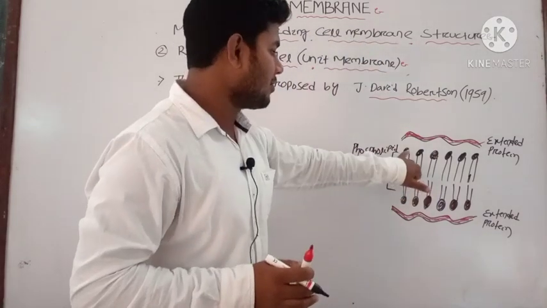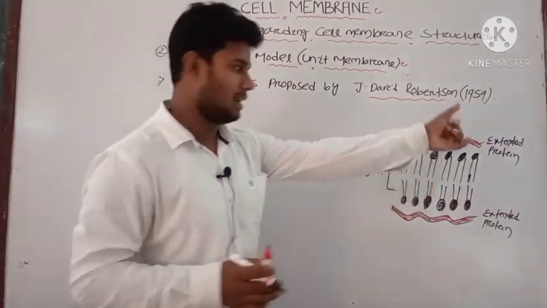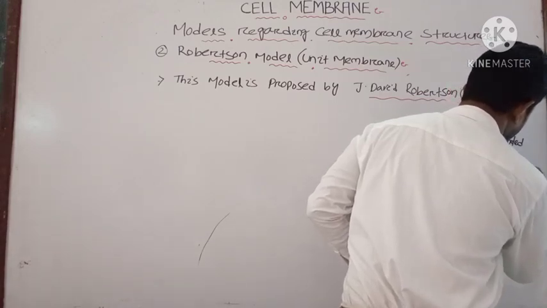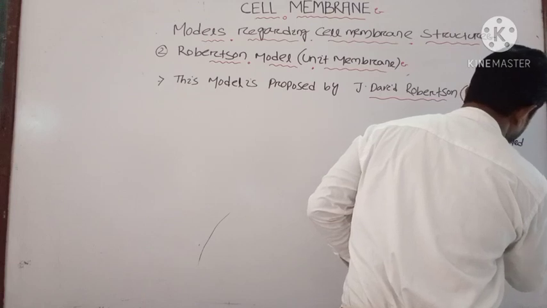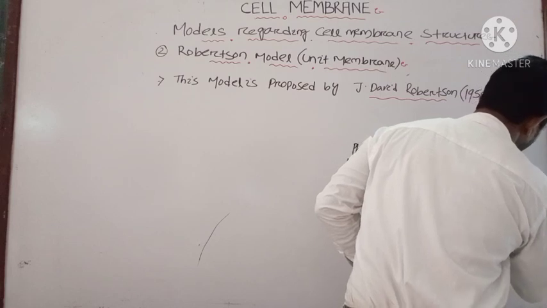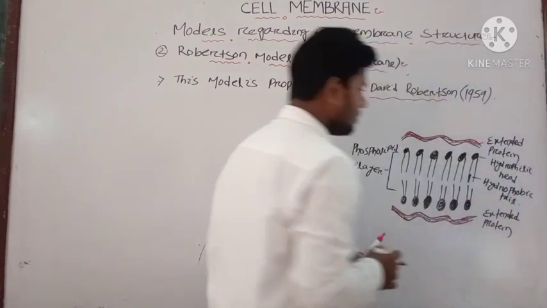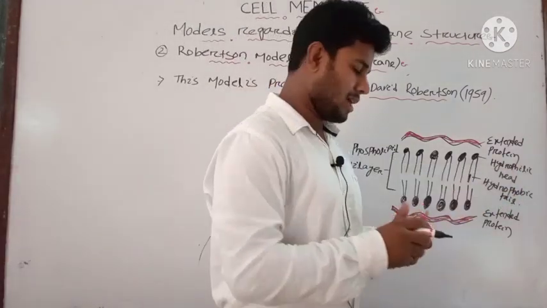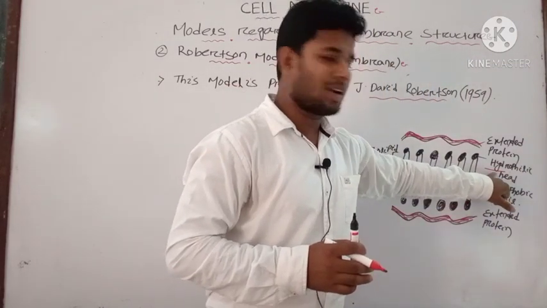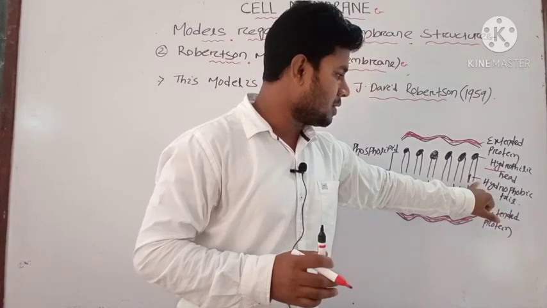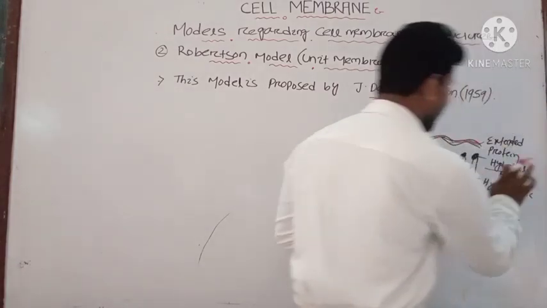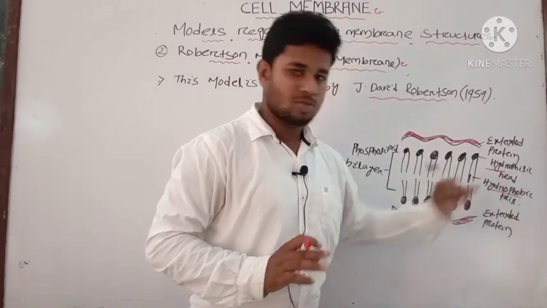Here also we have a hydrophilic head and also hydrophobic tail. What do you mean by hydrophilic? Hydro means water. The head portion of your phospholipid bilayer is water loving, and the tail portion of the phospholipid bilayer is hydrophobic, that is, it is water hating. Hydrophilic is water loving and hydrophobic is water hating.